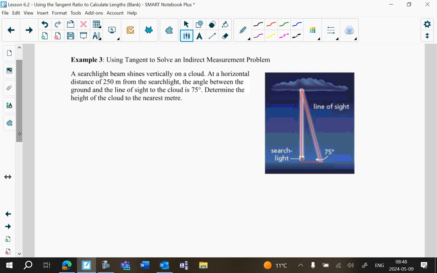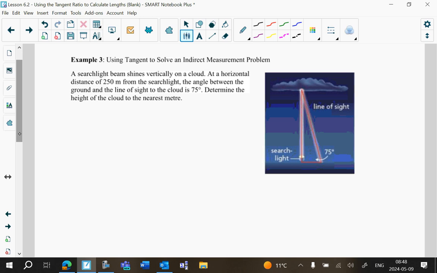Big thing with trig, we use it to solve problems, right? I mean, GPS is based on trigonometry when you're finding locations. So we've got a searchlight beam that shines straight up onto a cloud at a horizontal distance of 250 meters from the searchlight. The angle between the ground and the line of sight looking up to the cloud is 75 degrees. I'm asked to find the height of the cloud.